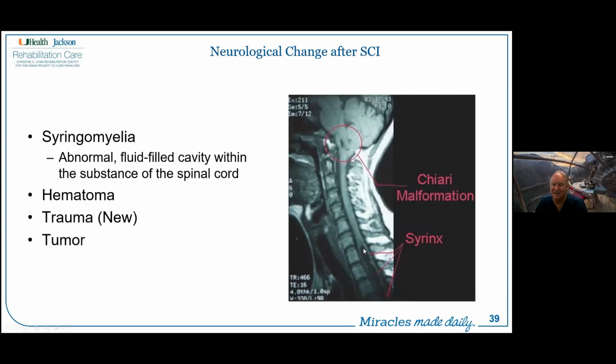Recognize that the syrinx can expand over time. If it expands upward, it can cause a loss of upper extremity function that had still been available. And it can, in fact, go all the way up to affect the breathing centers.